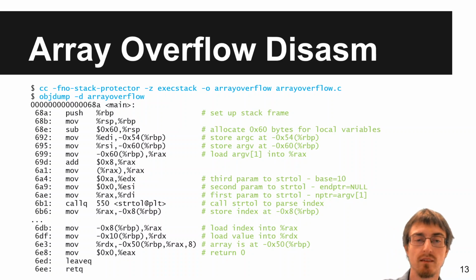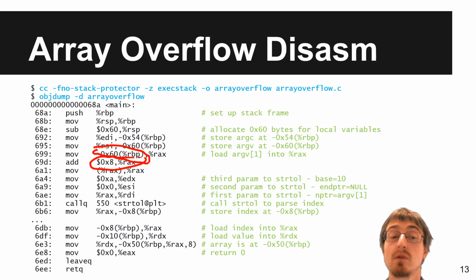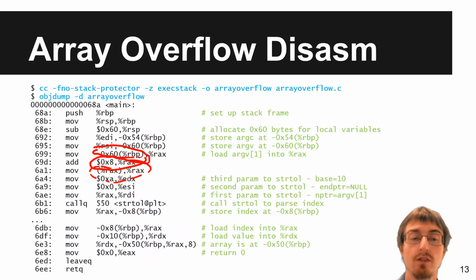So here we load minus hexadecimal 60 RBP into RAX. So this was the arguments, right? So here we're loading argv into RAX, and we're adding 8, which means we're taking element number 1, because each element is 8 bytes, and we dereference it.